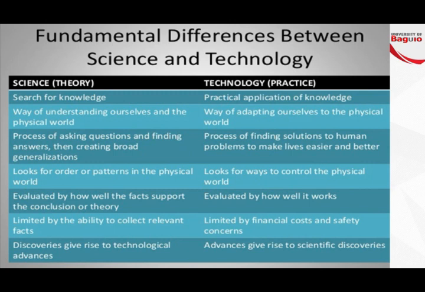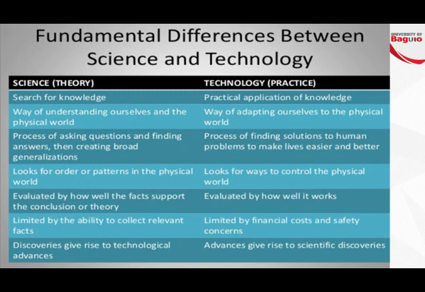So for science, for example, we search for knowledge, we gain knowledge. But for technology, we are practically applying this kind of knowledge. Okay, so the practical application of the knowledge gained from our natural world, or the different facts on the natural world, or let's say what is happening around us or in that particular natural phenomena. Okay, so from knowledge going now to practical application of knowledge.